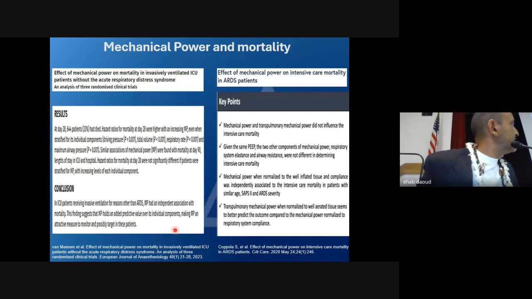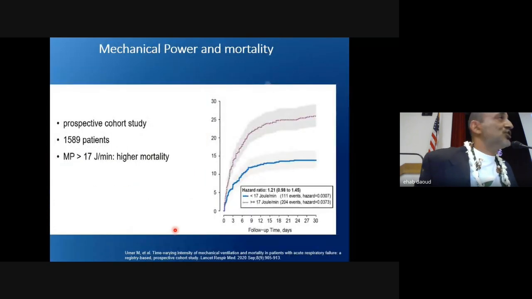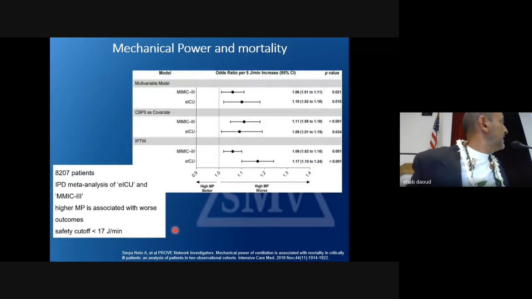The gist of them all is there is a big relationship between worsening, high mechanical power and mortality. This study was a prospective study with a lot of patients, and they came up with the number 17. You know, Gattinoni was 12, this came up with 17. This is another study, a meta-analysis of two studies.